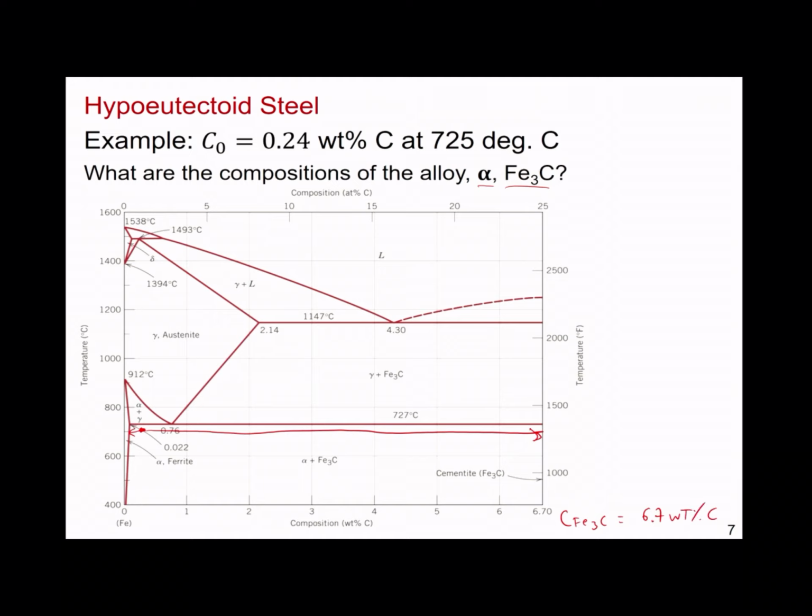C alpha hits it right at, it's difficult to see, but it's outlined here, that C alpha is 0.022. All right, I'm going to write it up here. And of course, your C naught is that, okay?